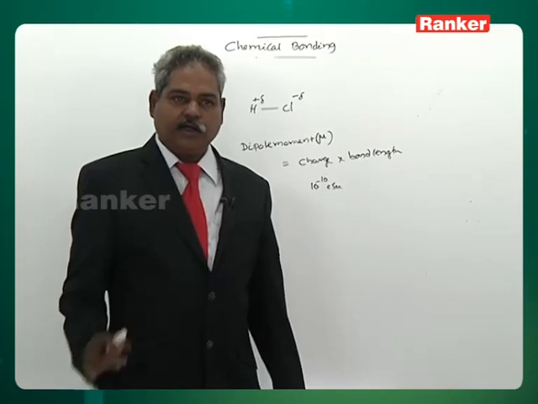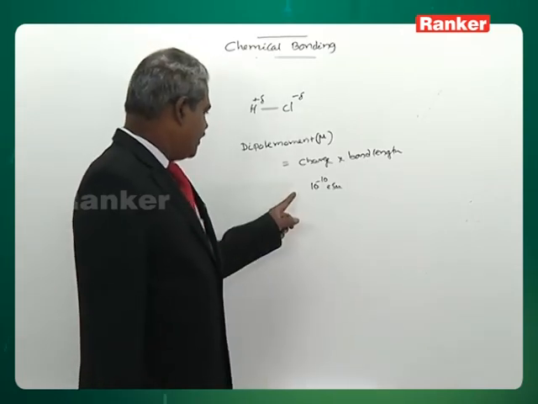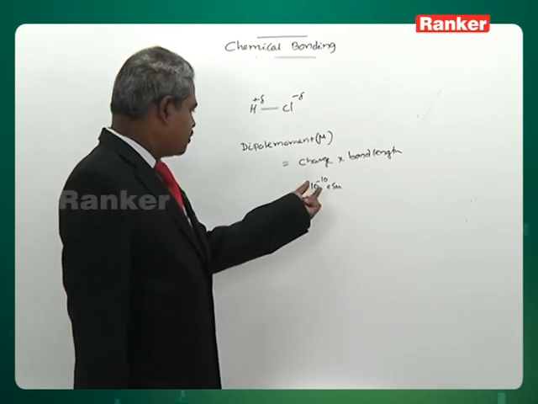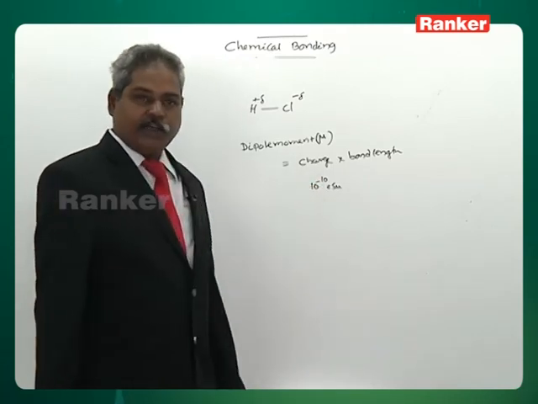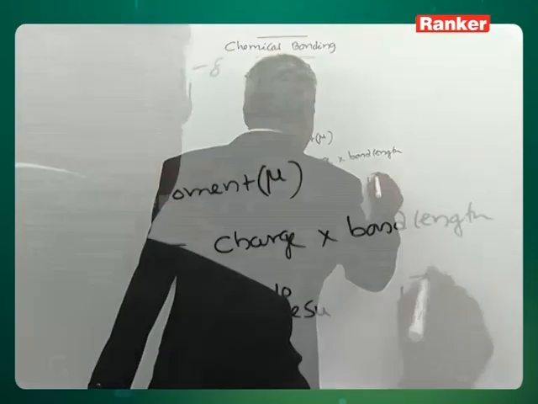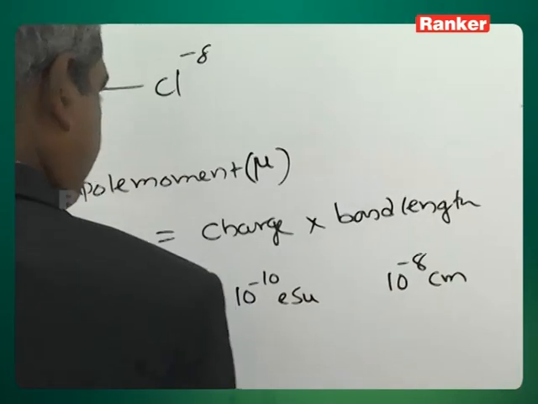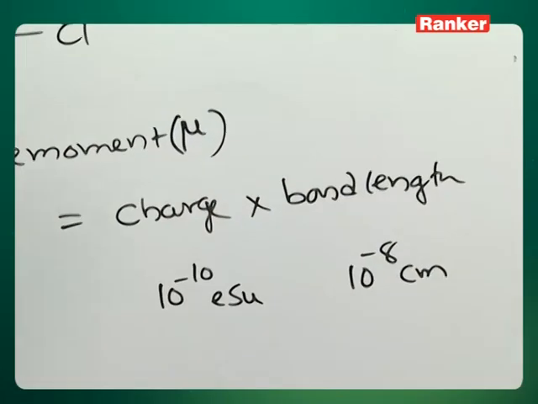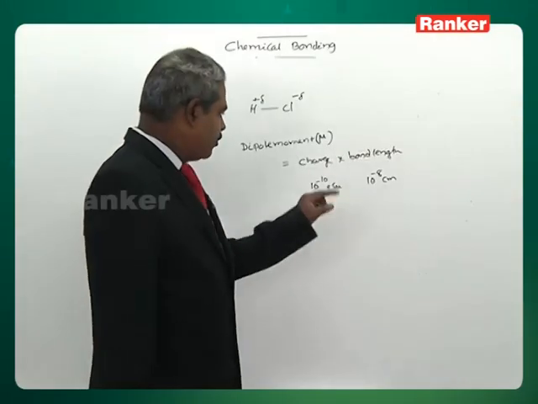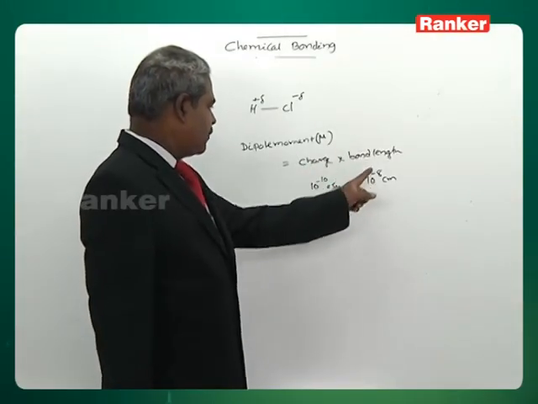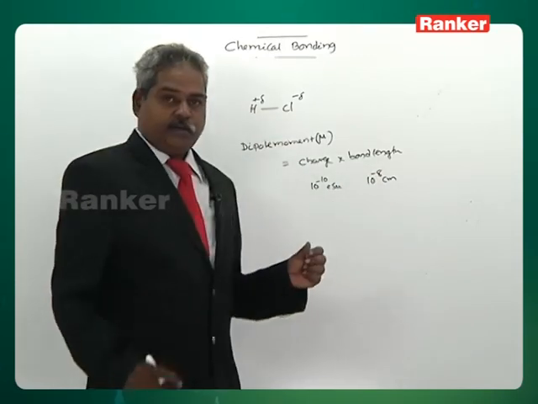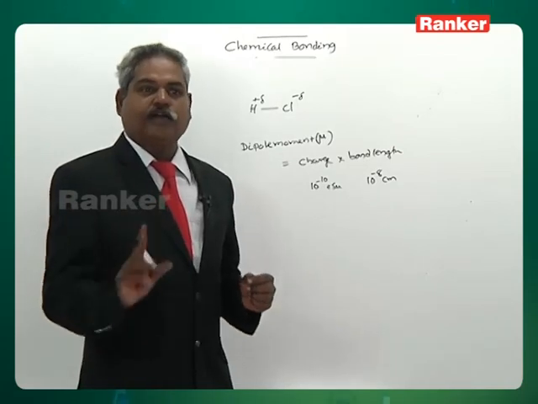Say 4.8 into 10 power minus 10 electrostatic units. And bond lengths are usually measured in angstrom. They are of the order 10 power minus 8 centimeters. It can be 1 angstrom, 2 angstrom, 1.4 angstrom, depending on the bond length. But angstrom means 10 power minus 8 centimeters. Charge that can be transferred may be 1 electron, 2 electrons, half an electron.